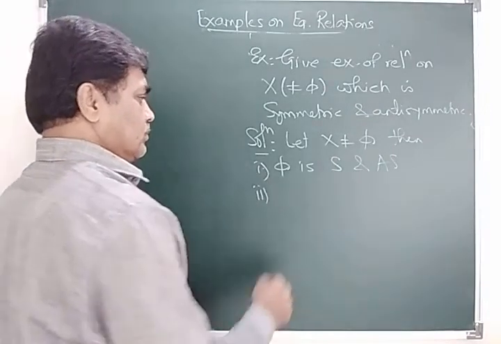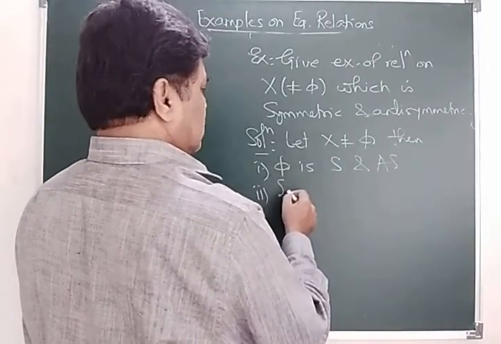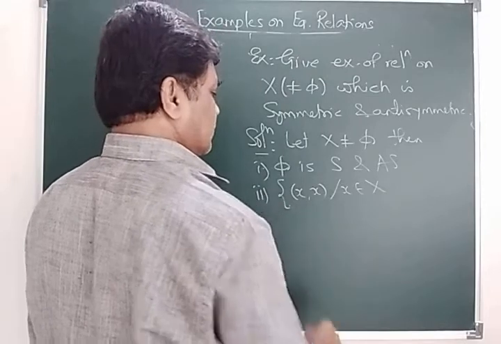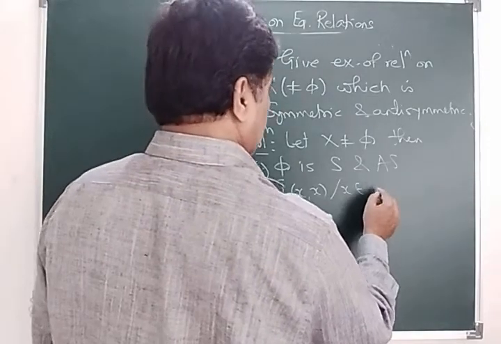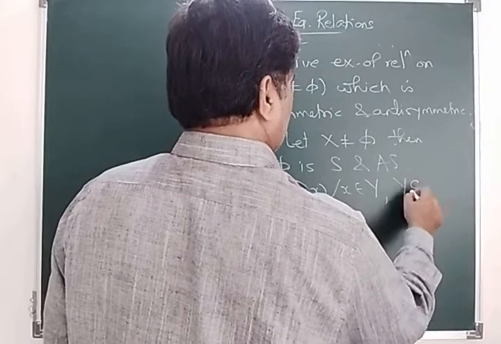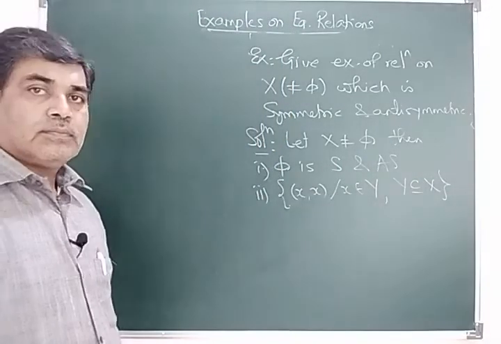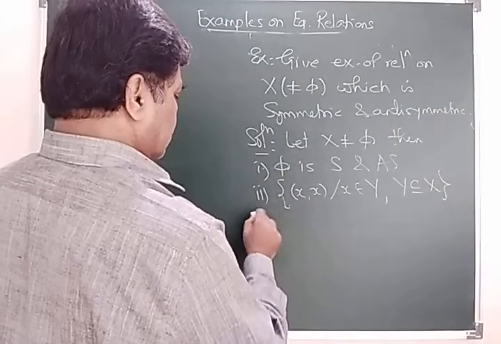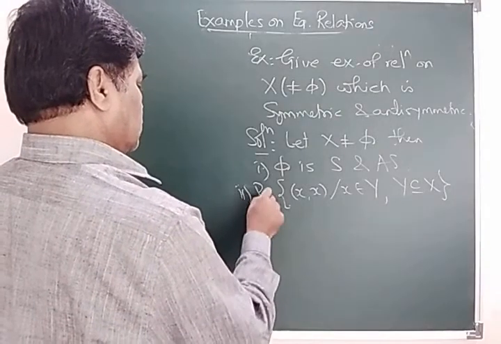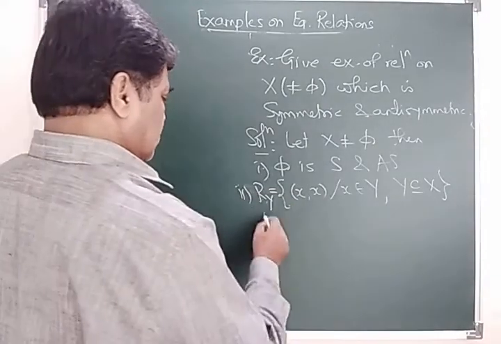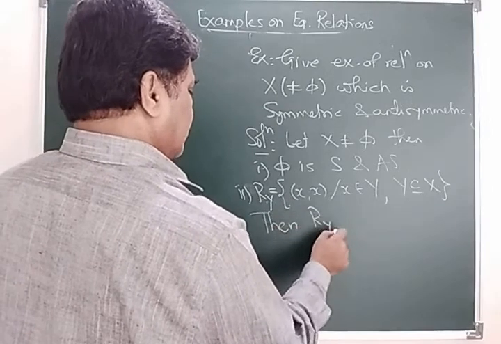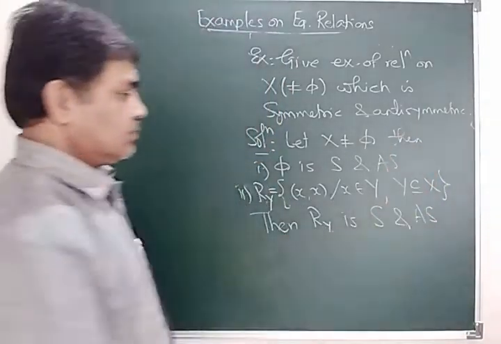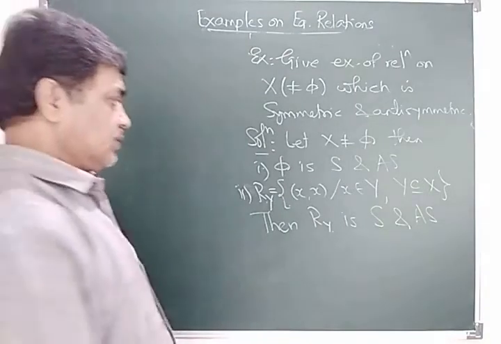Second, if I take the pair (x, x) where x belongs to X, or x belongs to Y and Y is a subset of X, then R_Y is symmetric and antisymmetric.